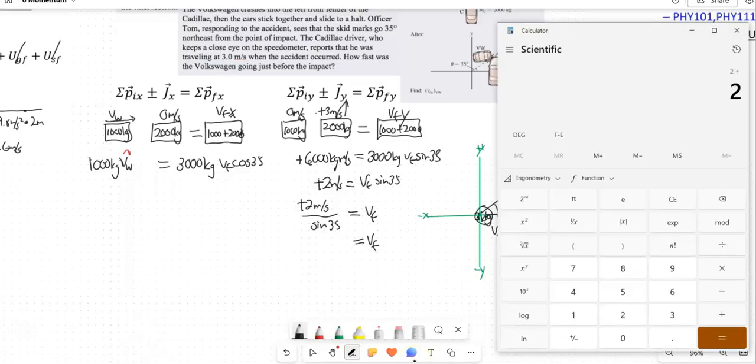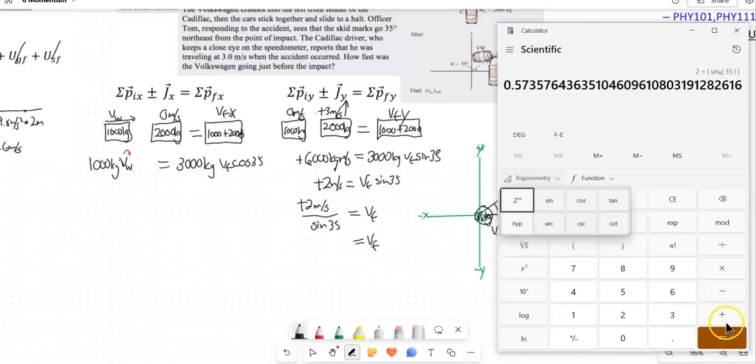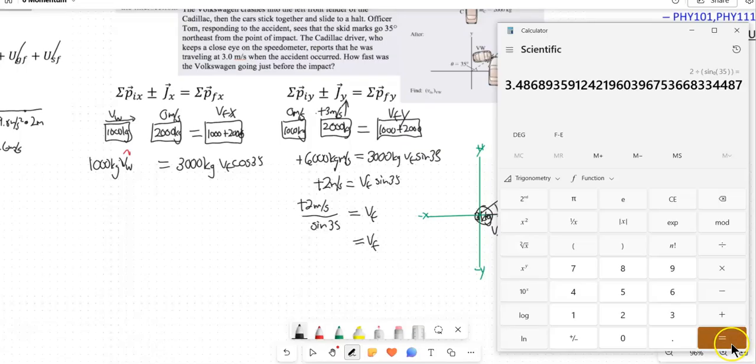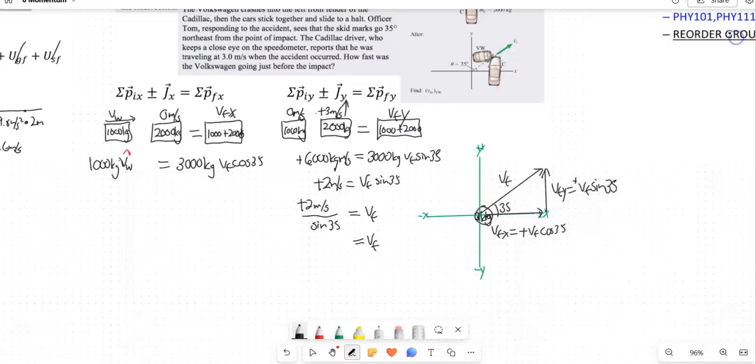So 2 divided by sine of 35 degrees equals 3.49. So this is positive 3.49 meters per second.